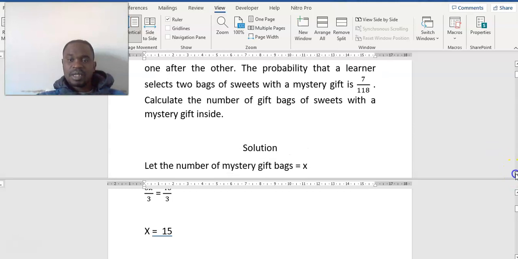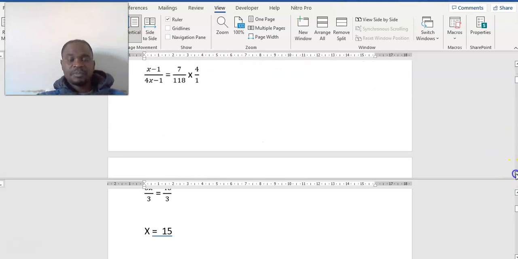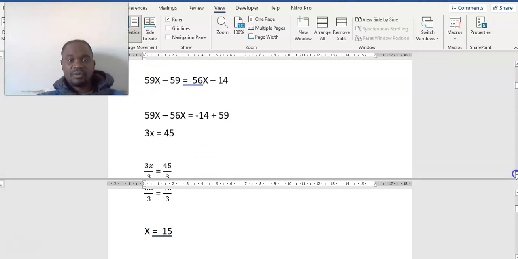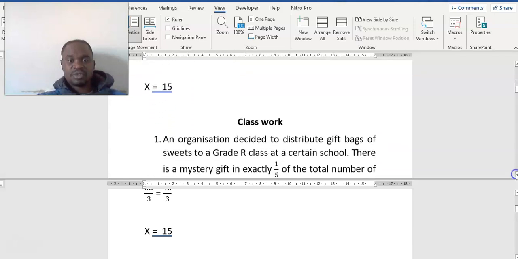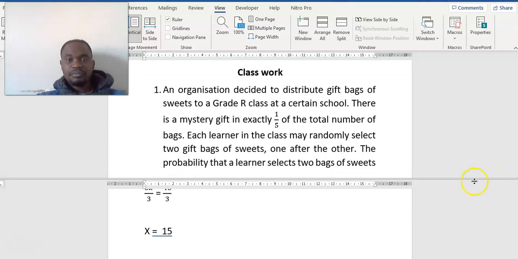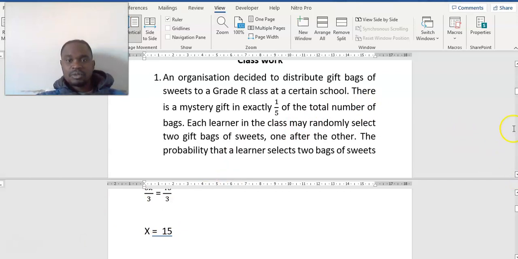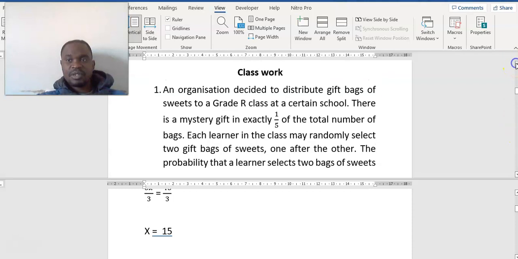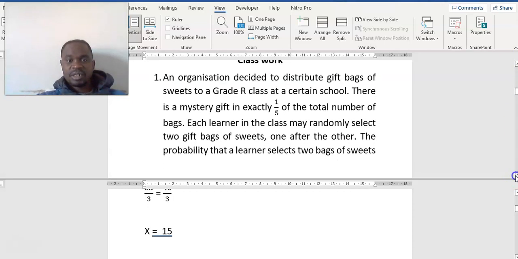Okay, let's move on to the next one. But before that, there was this classwork I want you to do for me, similar to what we've done. Try and do it. So the same question, just similar. I've changed the values. You look at the example, you pause the video, copy this, and the continuation is this one.